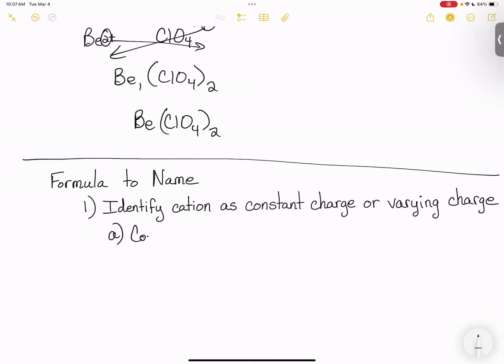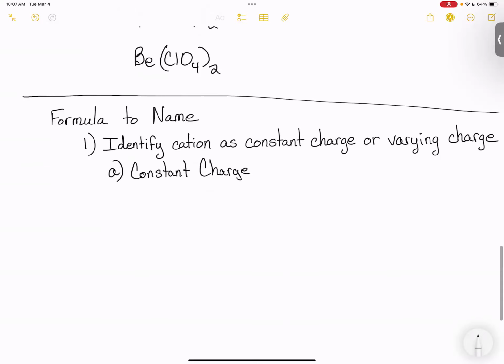If it's constant charge, you will name the metal, or name the cation, which will most typically be a metal, and you will name the anion.